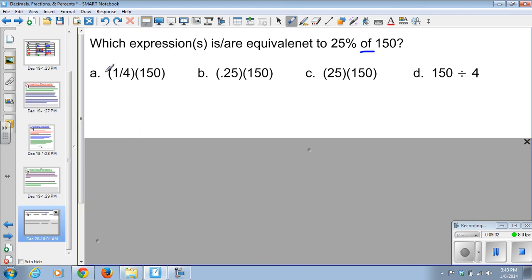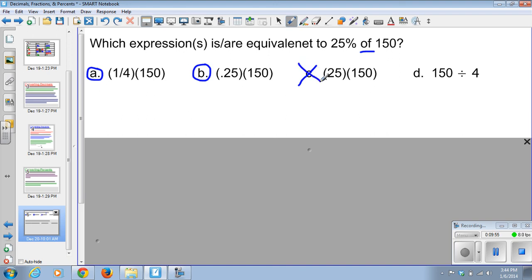It absolutely is. 1/4 times 150 is a way to find this answer. Is 25/100ths equivalent to 25%? Absolutely. Therefore, this expression works. Is 25 equivalent to 25%? No, it's not. This one does not work.